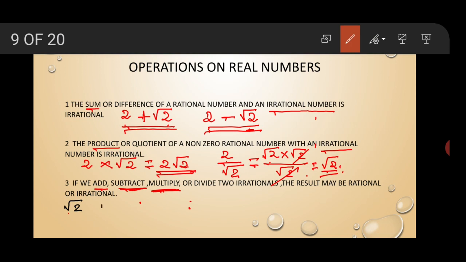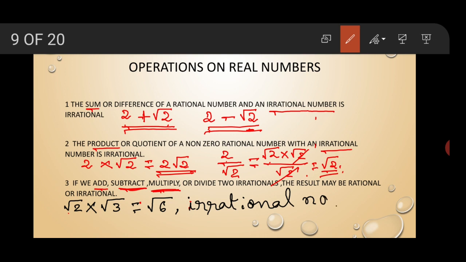Square root of 2 and one more irrational number, square root of 3. Now their product, that means multiplication. Root 2 into root 3 is equal to what? Square root of 2 threes are 6. Square root of 6. What type of number is this? It is an irrational number.